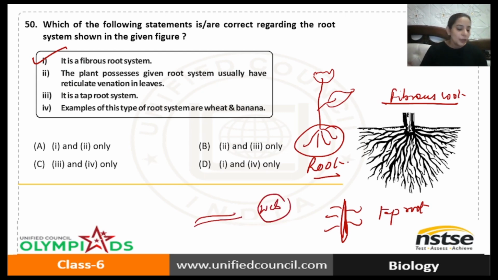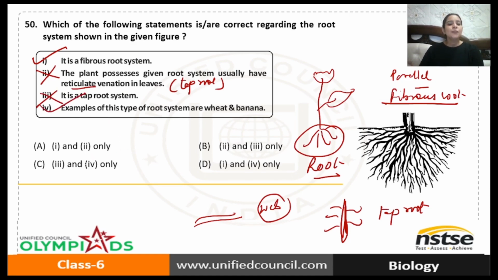A fibrous root system has got parallel venation, that is the network of veins arranged in the leaves. It is not reticulate. Reticulate is present in taproot, where there is one main root and small roots arise from it. Examples of fibrous root are wheat and banana. Yes, it is found in wheat and banana.